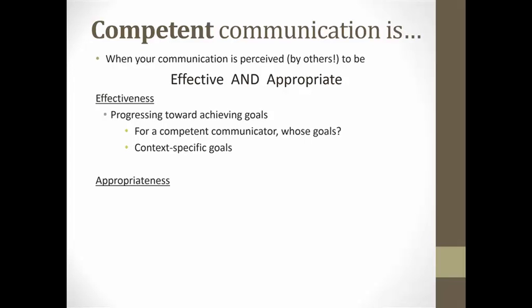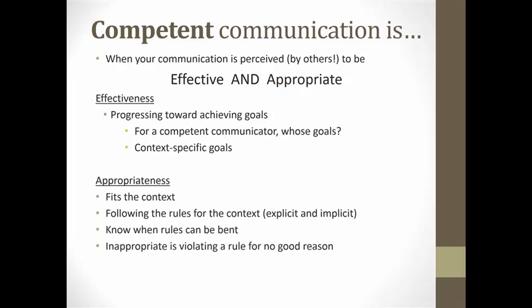So effectiveness, progressing towards achieving goals, and appropriateness means that you are communicating in a way that fits the context, fits the situation, that you're following the rules for the context. We'll talk in a moment about what rules are and what some of these might look like.